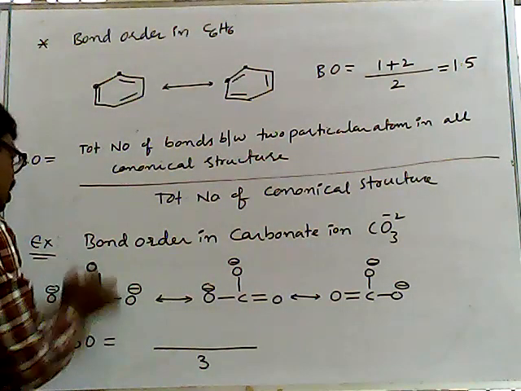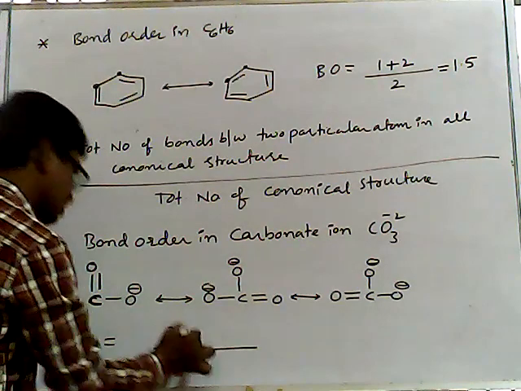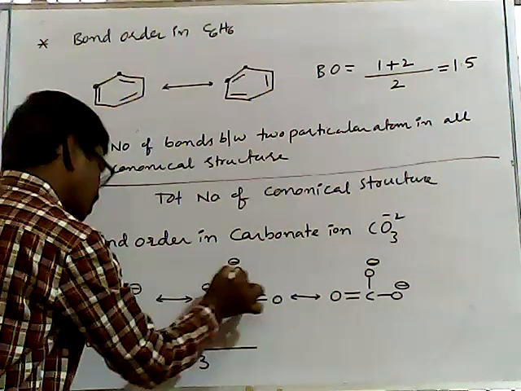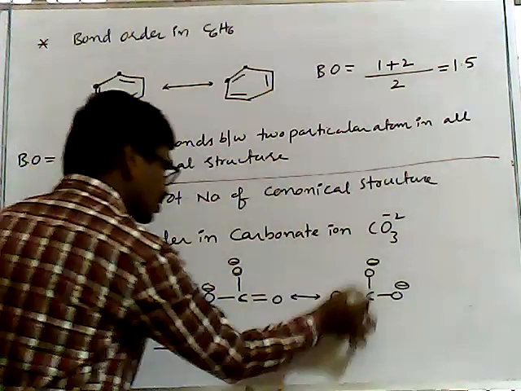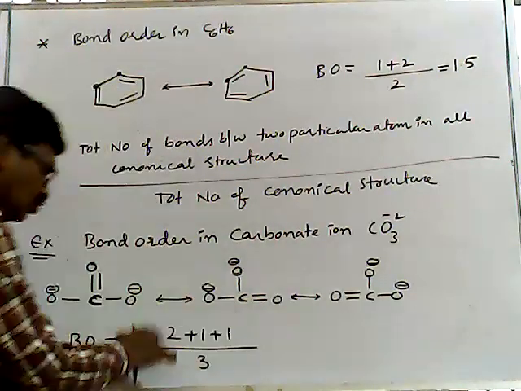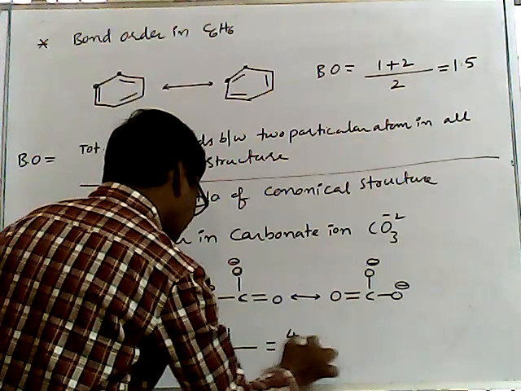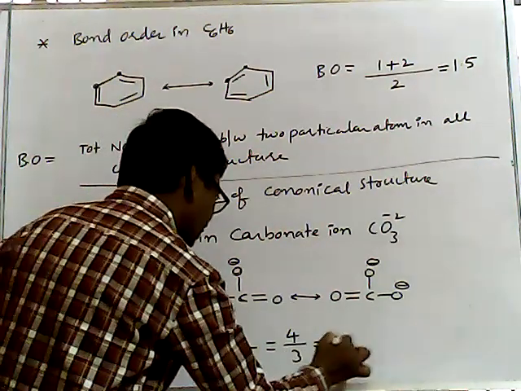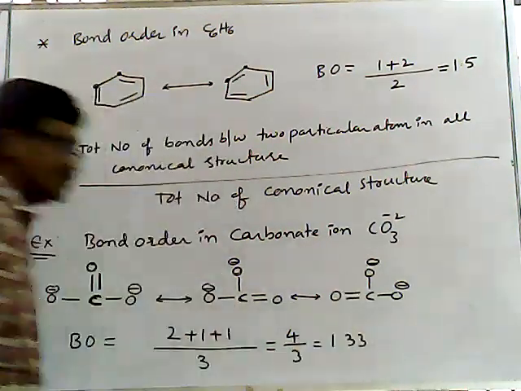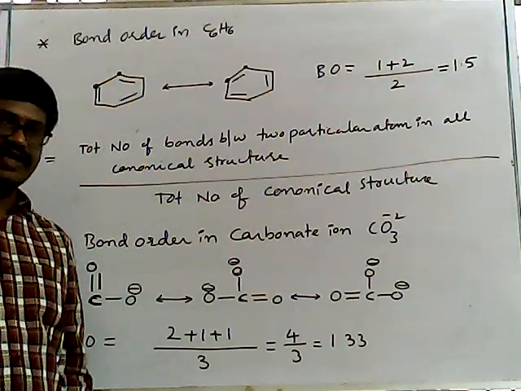How many bonds are present between these 2? 2. Plus between these 2, 1, plus between these two, 1. So 2 plus 1 plus 1 by 3 means 4 by 3, which is equal to 1.33. So that is the bond order in the carbonate ion.